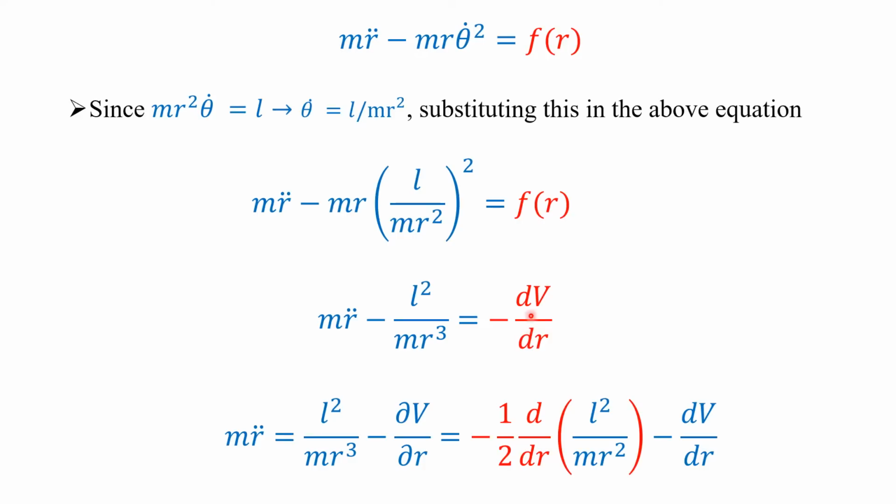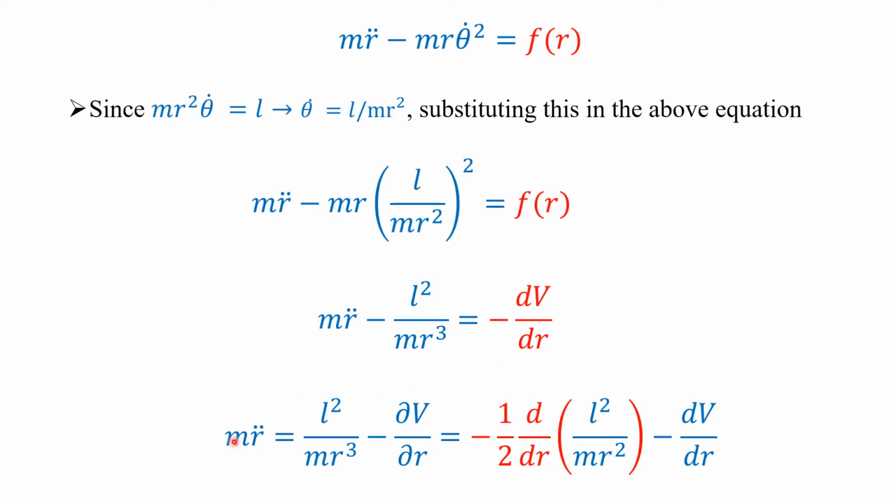Here you remember we have replaced the partial derivative with the full derivative because it depends purely on the r coordinate. That is easy to understand.